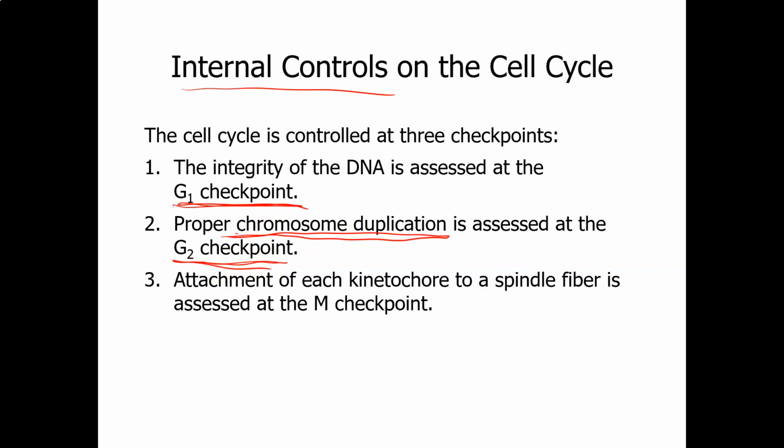There is an M checkpoint that determines if each spindle fiber has attached to the kinetochore of each sister chromatid, this part right here. The kinetochores are located in this region. Of course, that would happen in prophase before metaphase.